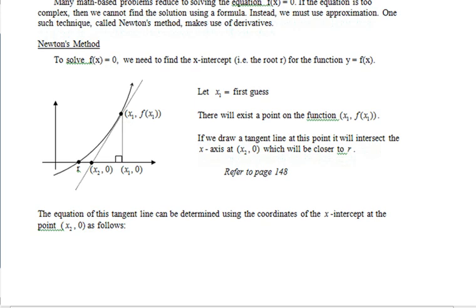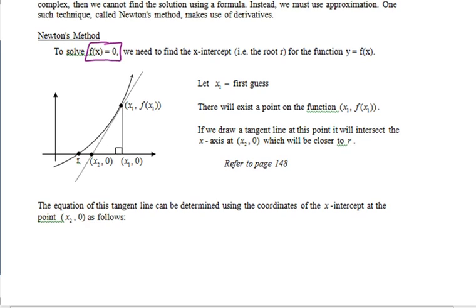So, let me walk you through this diagram. It kind of looks similar to what we've seen before. To solve when our function is equal to 0, what value of x would make my function equal to 0, we need to find x-intercepts, or the roots. So what we do is we take a guess. Any guess. And usually you have an idea, but any guess.